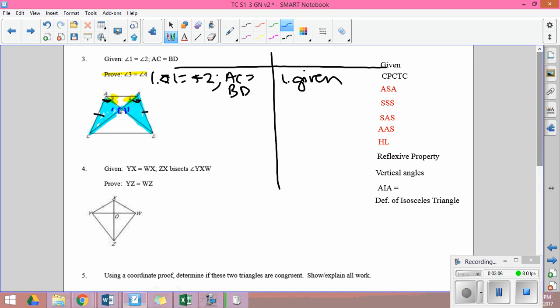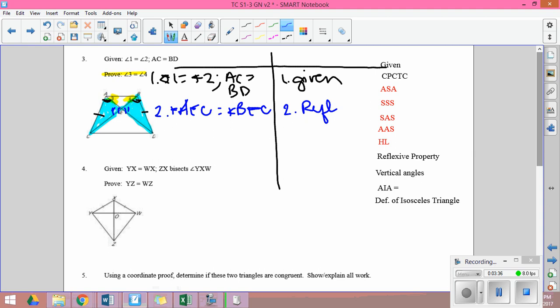And so I'm going to prove that angle AEC, I'll try to write that neater for you, angle AEC is equal to angle BEC by reflexive.